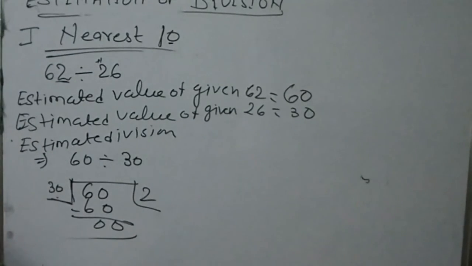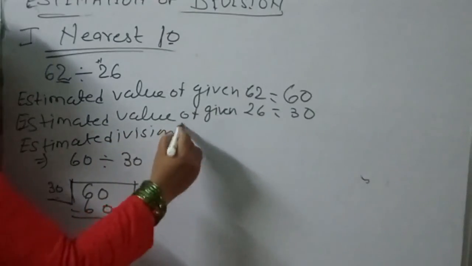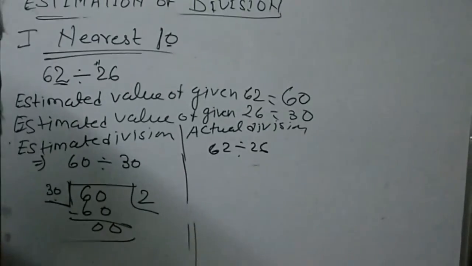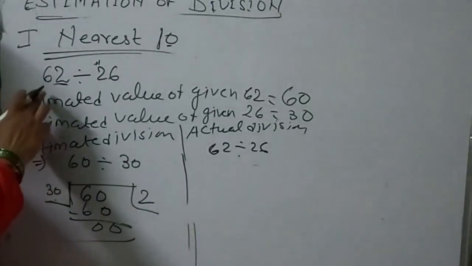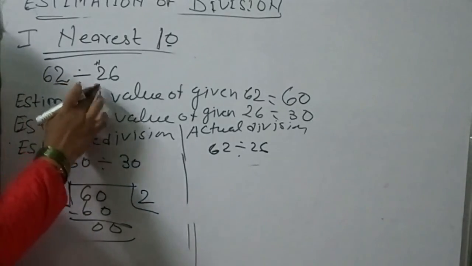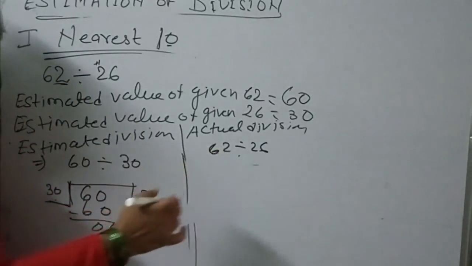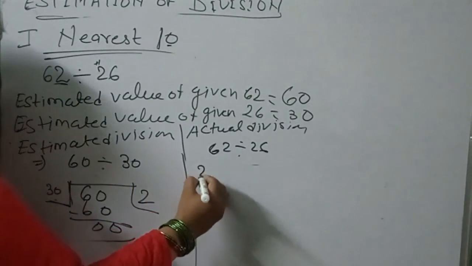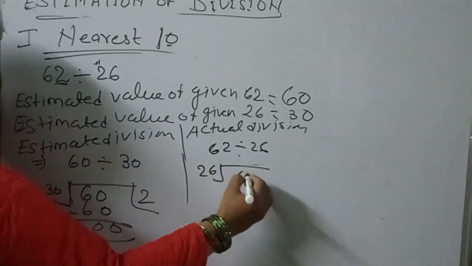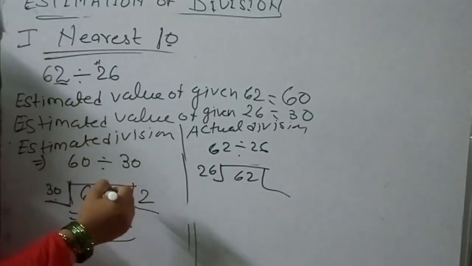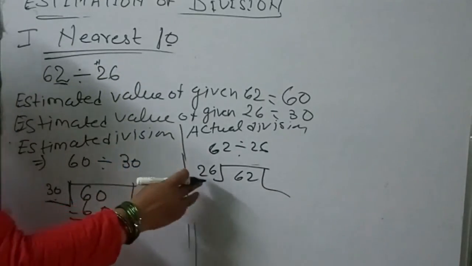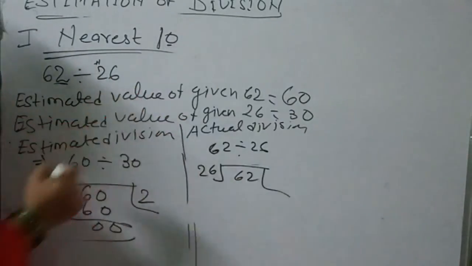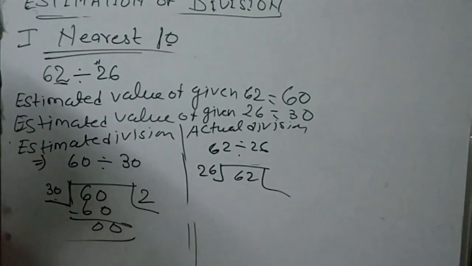Afterwards, you have to find the actual division. Here is the estimated division. Actual division of the given number 62 divide 26. So we write here 62 divide 26. Then write 26 and read the table of 26. If you don't know the table of 26, simply on rough paper multiply with 1, 2, 3 like that and see how many times it will be 62.